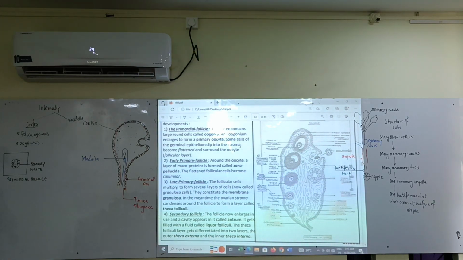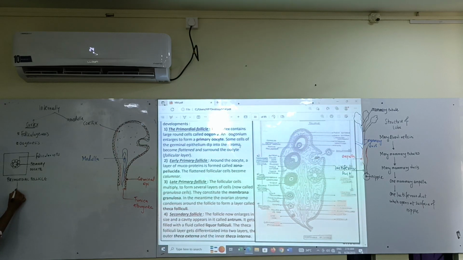Primordial. So what does the primordial follicle consist of? Primary oocytes along with the follicular cells. Together it is called the primordial follicle. So who is in the center? Primary oocyte. And which cells are on this side, children? Follicular cells.